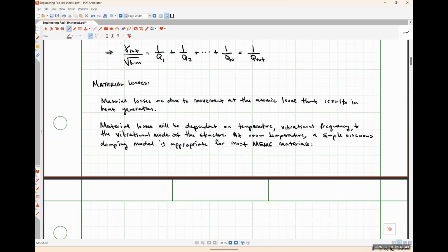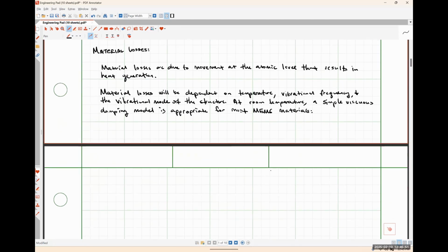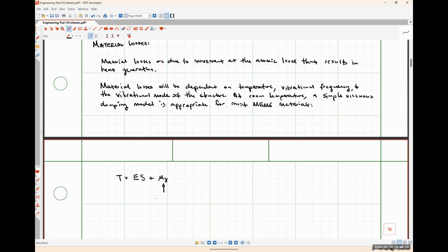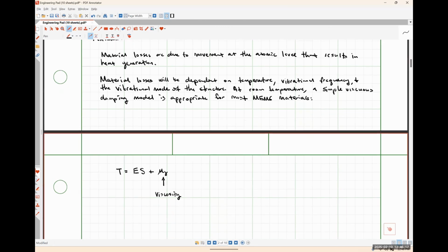So I'm going to do that on this next page. So let me scroll up here a smidge. So this model is our stress T equal to Young's modulus times our strain. We've seen this over and over and over again. And now we're going to have another term here. So this is going to be mu gamma, where this is our viscosity measured in newton seconds per meter squared.